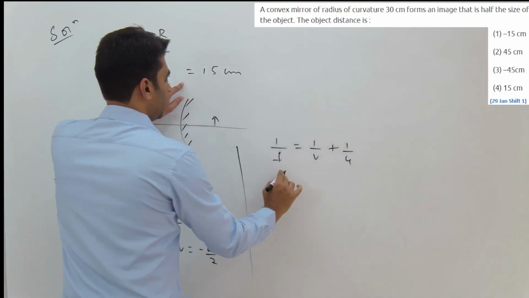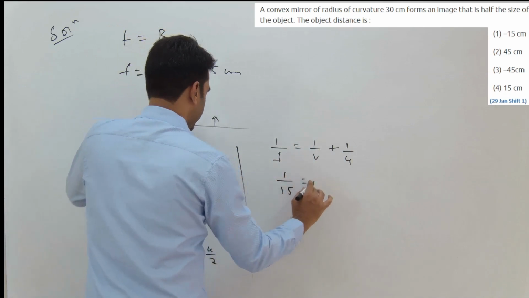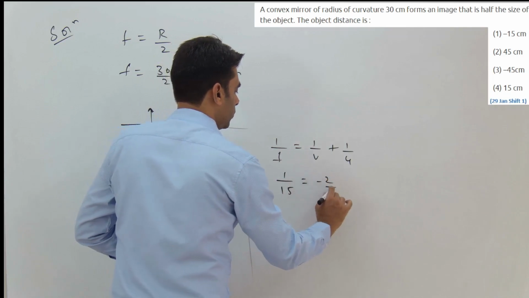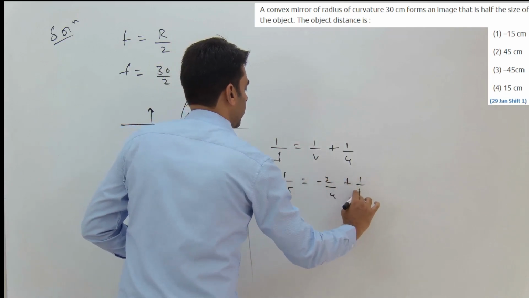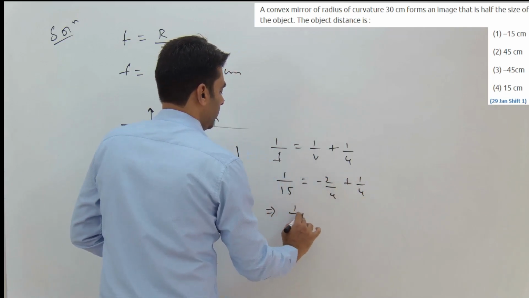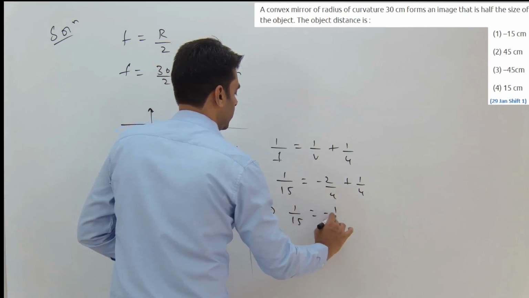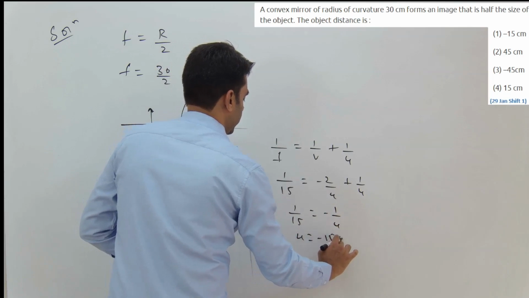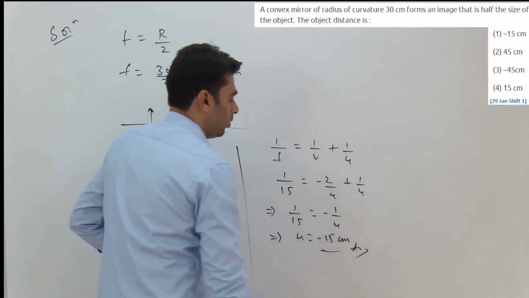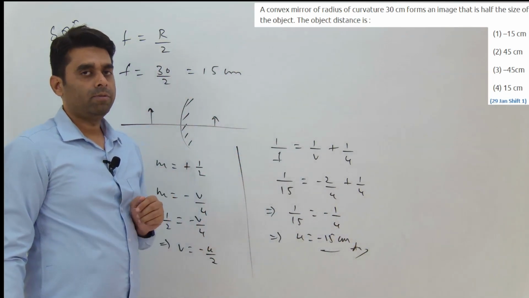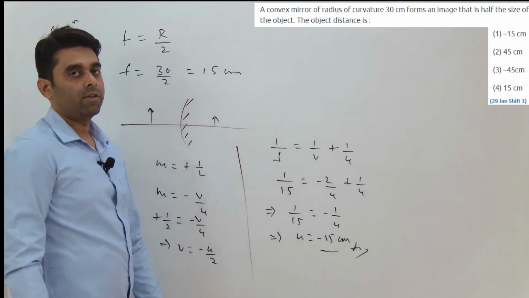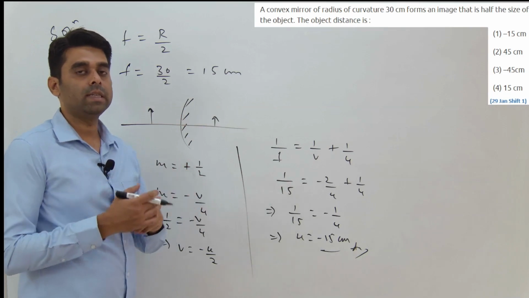Focal length is 15. v value we got as minus u by 2. So minus 2 by u plus 1 by u. When we solve it, 1 by 15 is equal to minus 1 by u. Therefore, u is equal to minus 15 centimeter. Object distance comes out to be 15 centimeter. Minus is telling us the object is in front of the mirror, opposite to the incident ray.